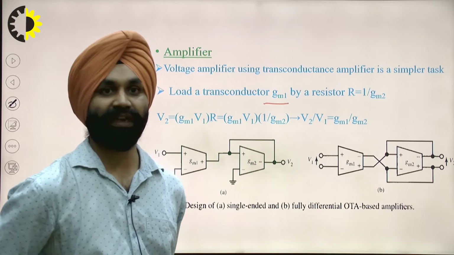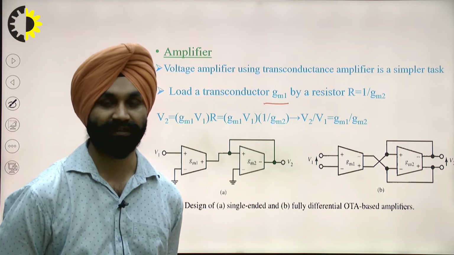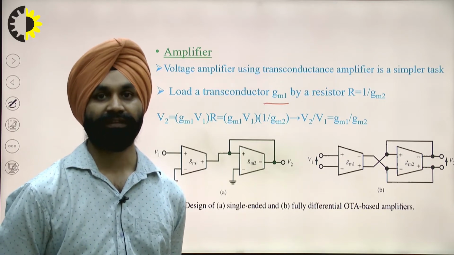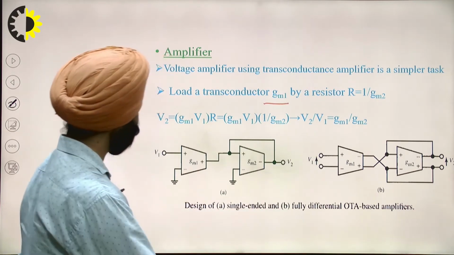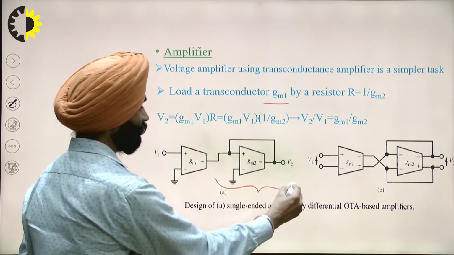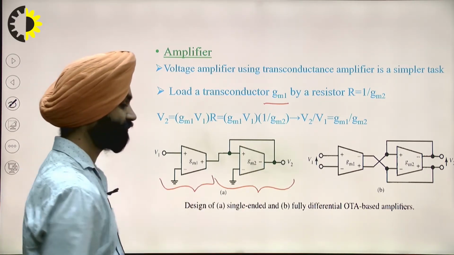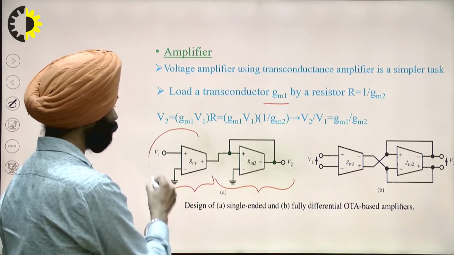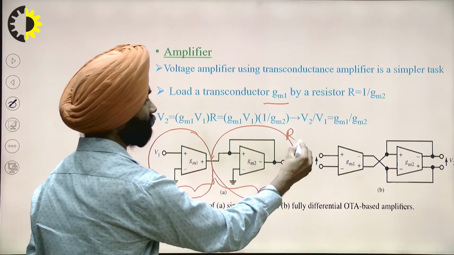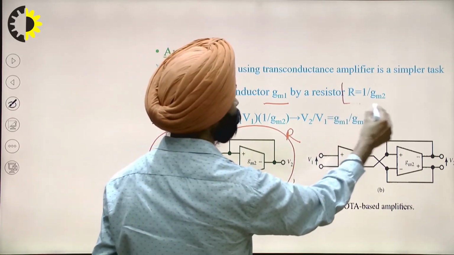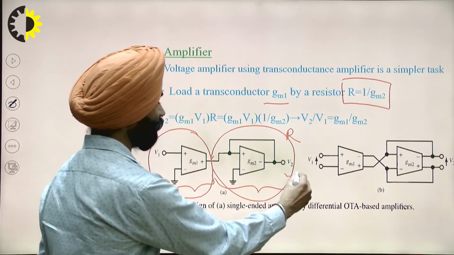If we load the transconductance GM1 with a resistor R, where R is equal to 1 by GM2, we have seen this relationship and circuit in the previous lecture.